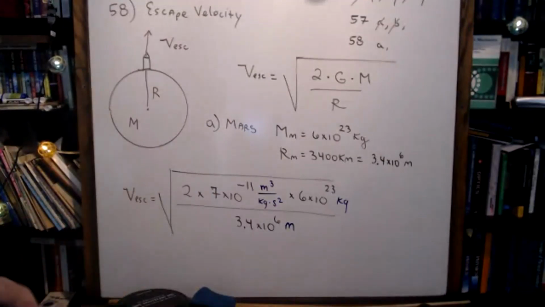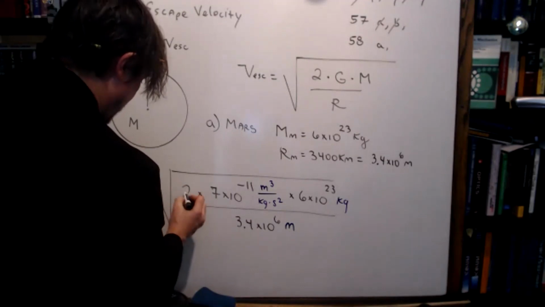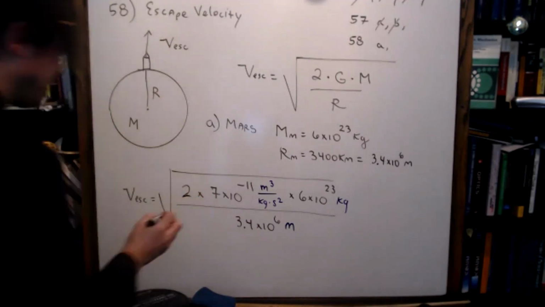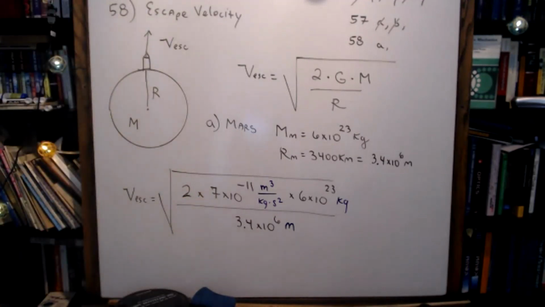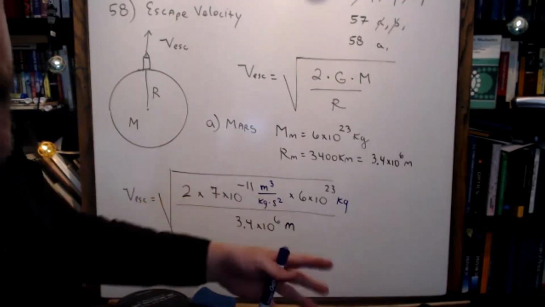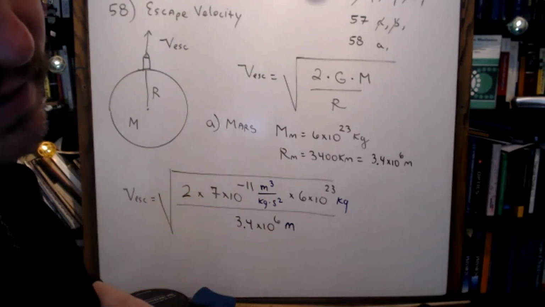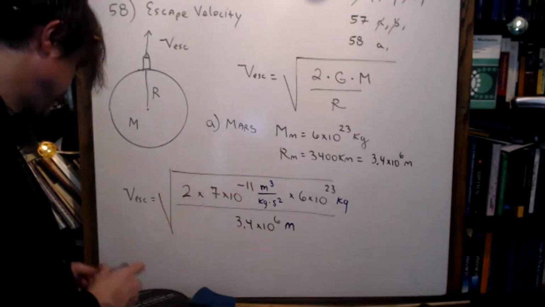I did that a little quick, but that's okay. And let's just see if you guys have the chops to punch that in. Type everything in, hit equals, and then square root. Noah, you can put the square root in the beginning because of your calculator.